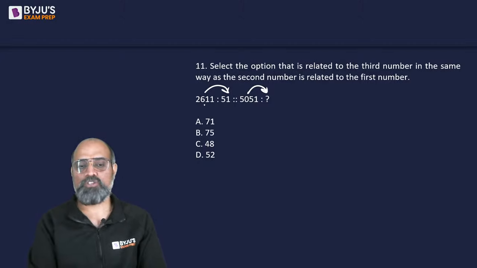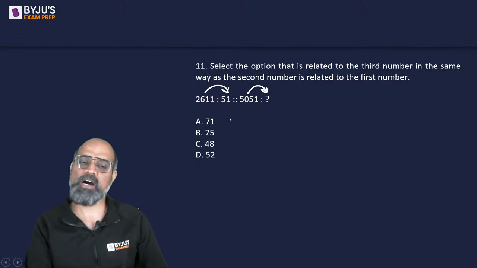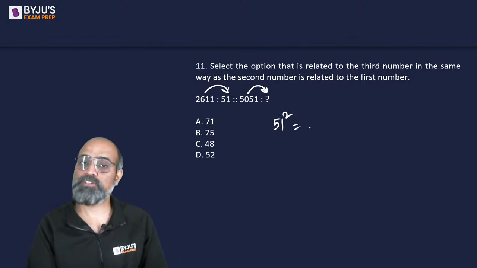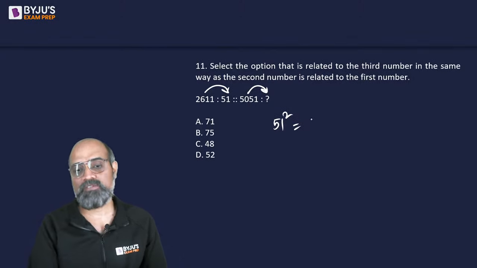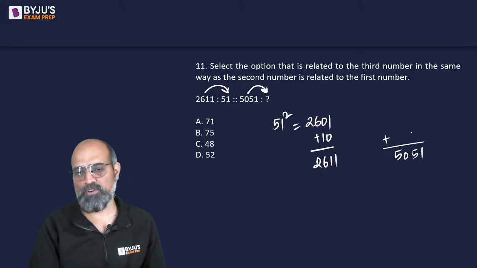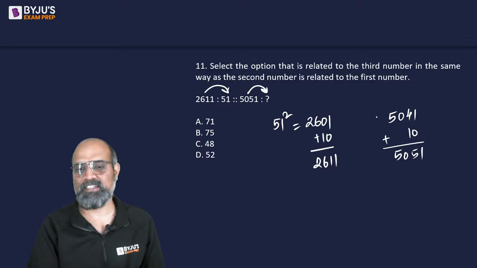Okay. So 2611 and 51, how are they related? So 51 square is going to be how much? 2601, right, plus 10. So this is going to be 2611. Similarly, if I take 5051 and from there, if I want to solve this, this is what I'll be writing, 5041 plus 10.